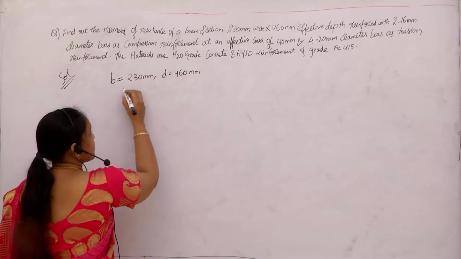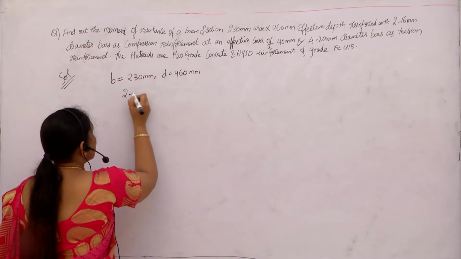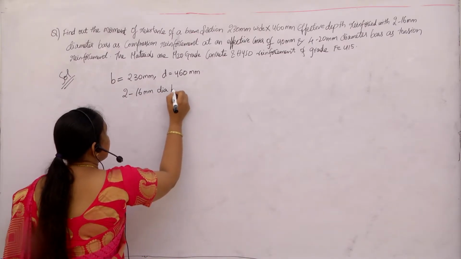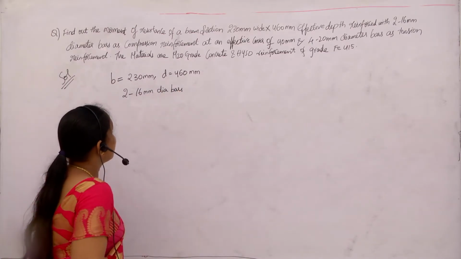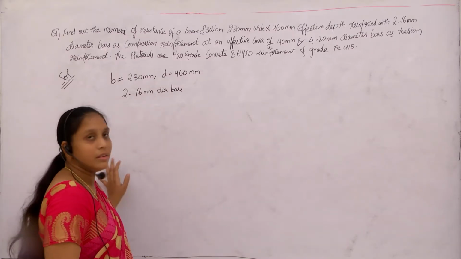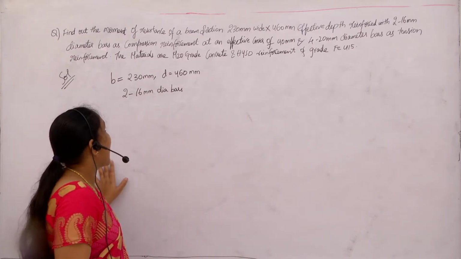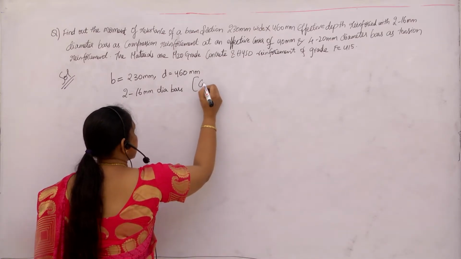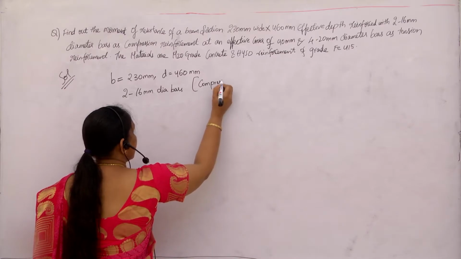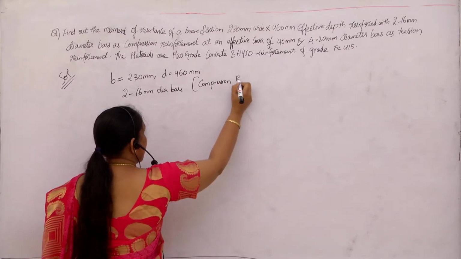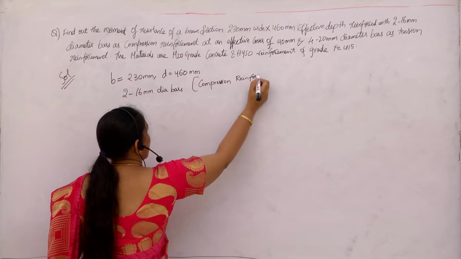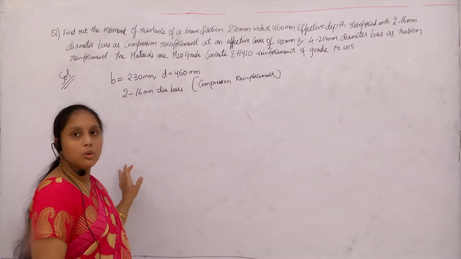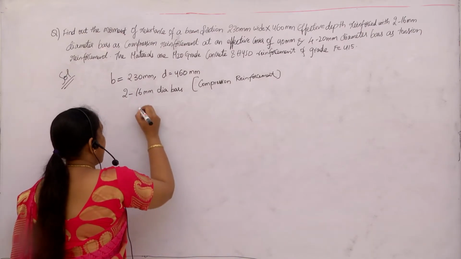So here, the 2 16 mm dia bars are provided in the compression zone, that is, they are provided as compression reinforcement, and the effective cover is given as 40 mm.